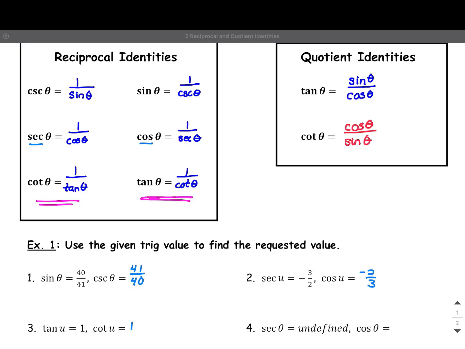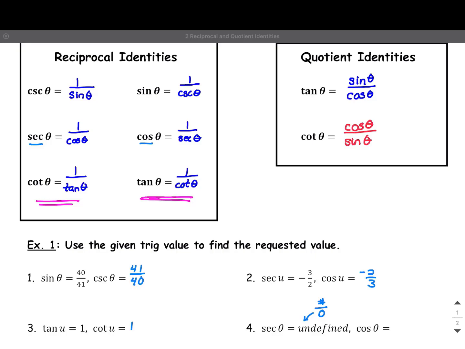Now take a look at number 4. Here we're saying that secant of theta is undefined, and we want to know the value of cosine theta. What is the reciprocal of undefined? Well, think about how you get a value that's undefined. That means you had some number divided by 0, because it doesn't exist.